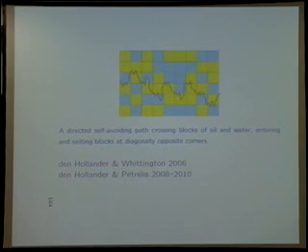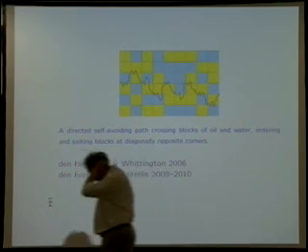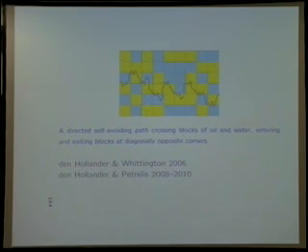And this is the model that we want to look at. This is a model that we looked at in detail, and I will show you that we found an absolutely remarkable phase diagram behavior, which is much more complicated than you would naively expect.